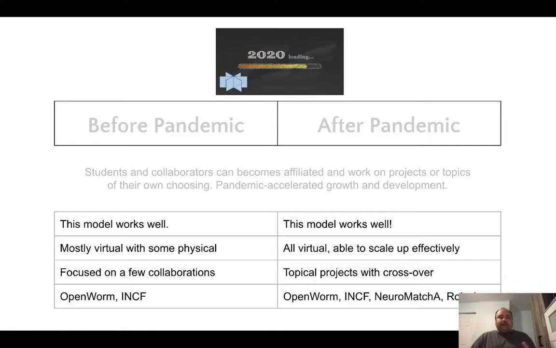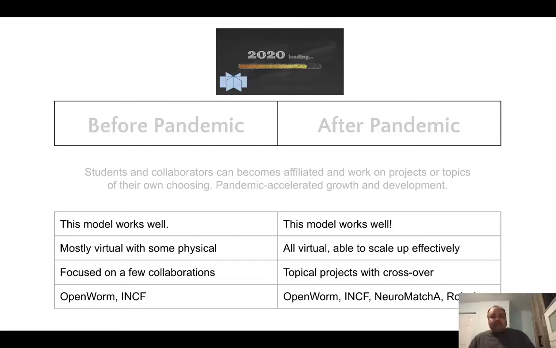We also have allied institutions. So before the pandemic, we were involved with the OpenWorm Foundation and INCF, which is the International Neuroinformatics Coordinating Facility. After the pandemic hit, we were not only affiliated with OpenWorm and INCF, but we were also affiliated with Neuromatch Academy and most recently the Rockwire Initiative at the University of Illinois.